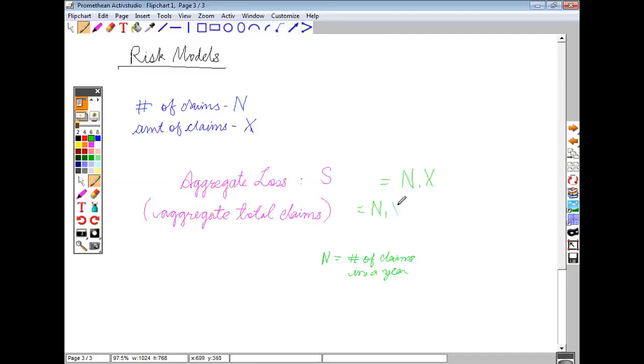N1X1 is a particular amount of claim, and you are measuring how many times that amount you have incurred, because that is N1. And N1, N2 and so on should add up to N, right? Yes, that is indeed correct.